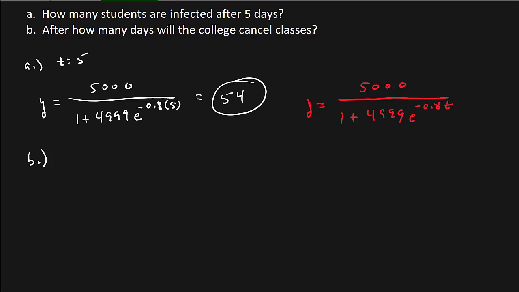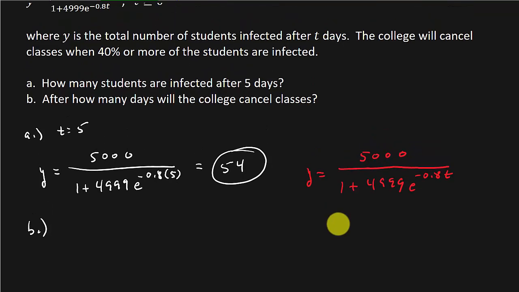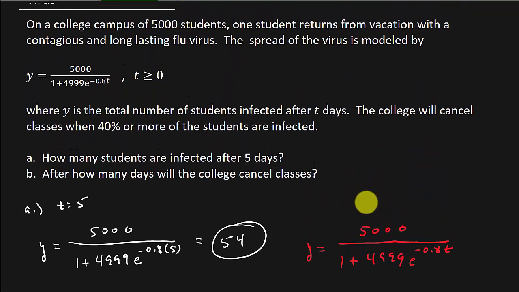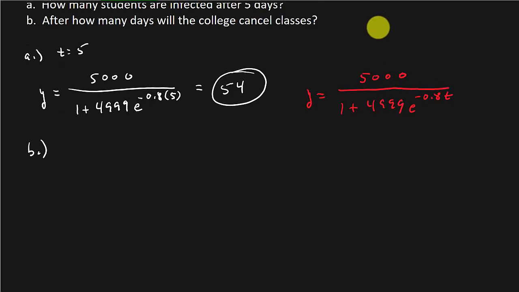Now, how do we know when they're going to cancel classes? Well, the college will cancel classes when 40% or more are infected. So let's look at this. There are 5,000 students total, and when 40% of them are infected, that's when they're going to cancel classes.